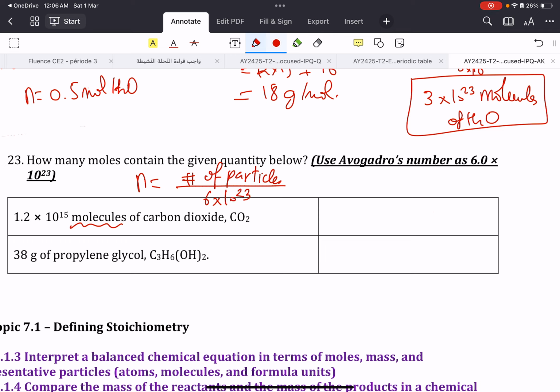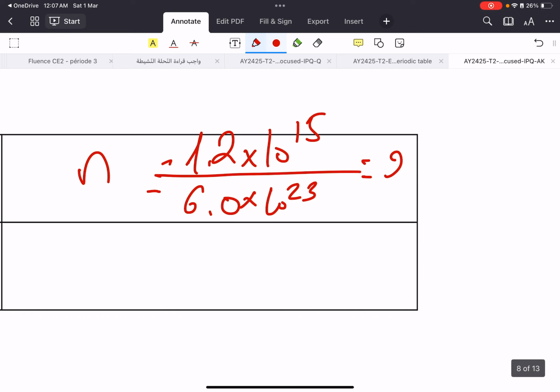So I do have the number of molecules, which is 1.2 times 10 to the power of 15. We will divide this by Avogadro's number to get the mole that we need. So the answer here is going to be 2 times 10 to the power negative 9 moles, sorry.